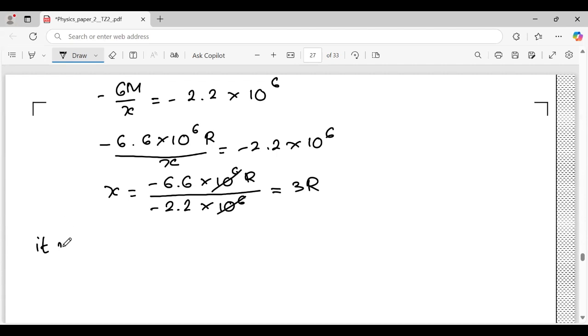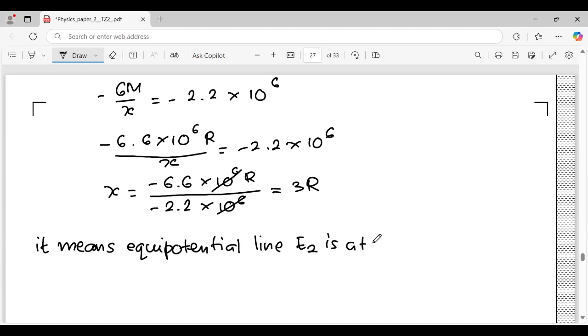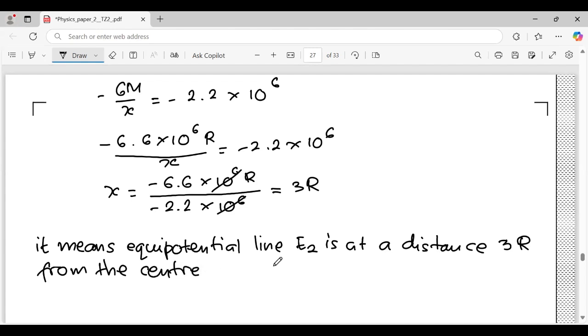It means the equipotential line E2 is at a distance 3R from the center of the planet.